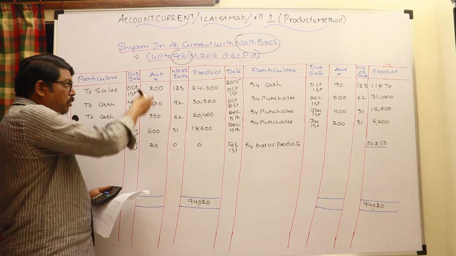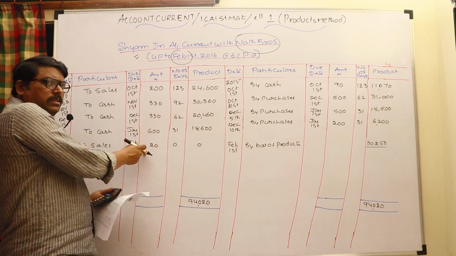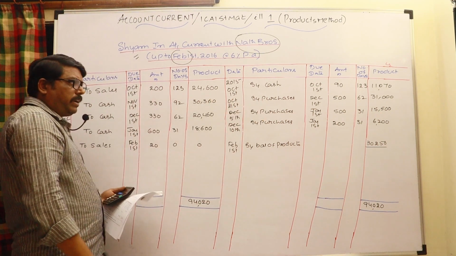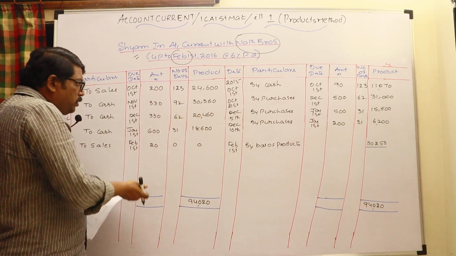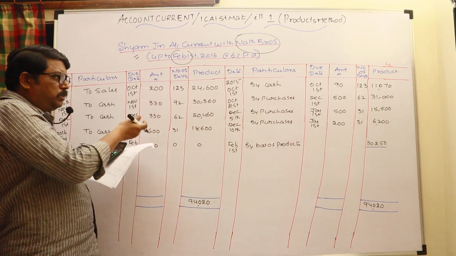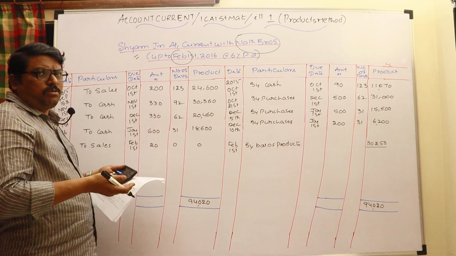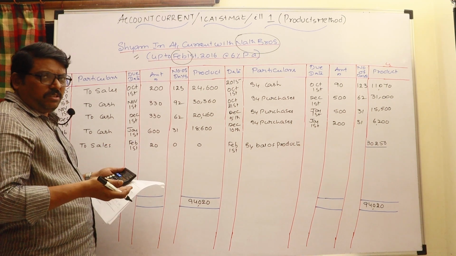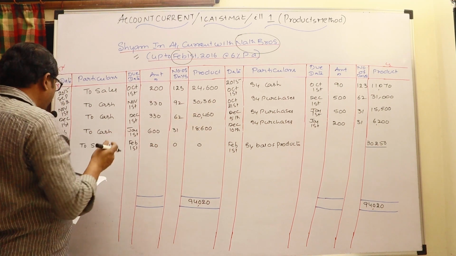Whenever the balance of products is on that side, it is because products are more on this side. If debit products are more, the balance will come on that side. Debit products more means he is a debtor. You have to collect the interest from him, and thereby it is shown as interest. So balance of products on that side, interest on this side.